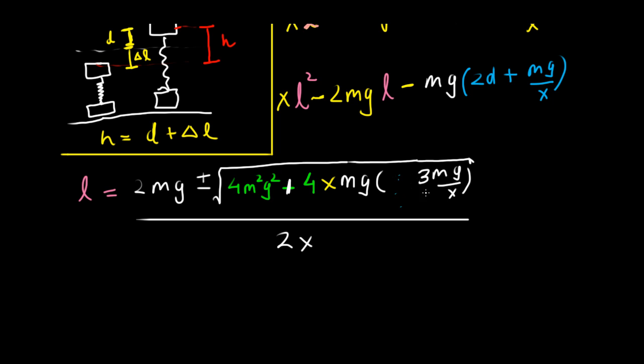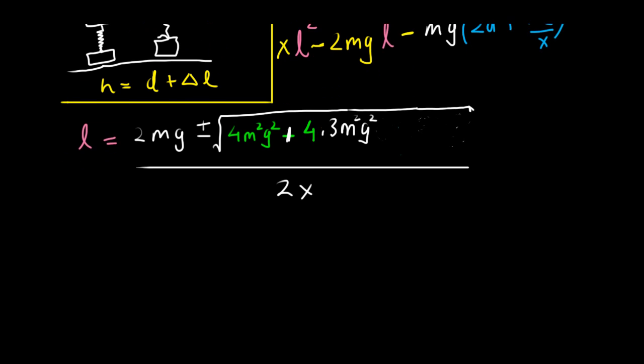Okay, and if we multiply this out, we will lose another x here. That x is also gone. And if we also simplify this, let's see, this will be 4 times 3 m squared g squared, and we lose all of this.